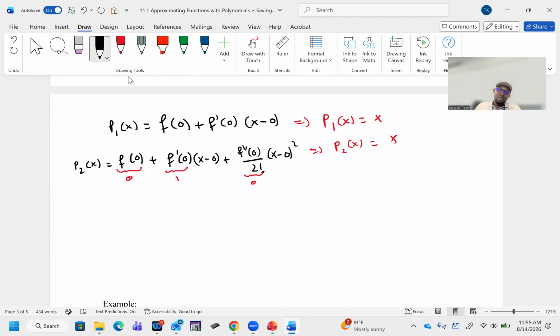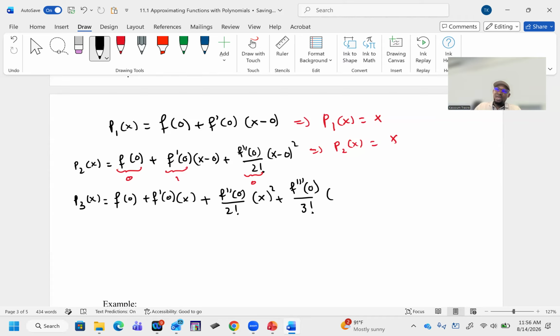We'll do the same thing for p sub 3. P sub 3 of x will be f of 0 plus f prime of 0 times x minus 0, so I will just put x, plus the second derivative of f of 0 divided by 2 factorial x minus 0 squared, which is x squared, plus the third derivative of f of 0 divided by 3 factorial times x minus 0 cubed, which is x to the power of 3.